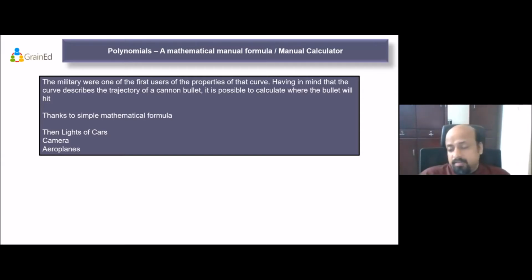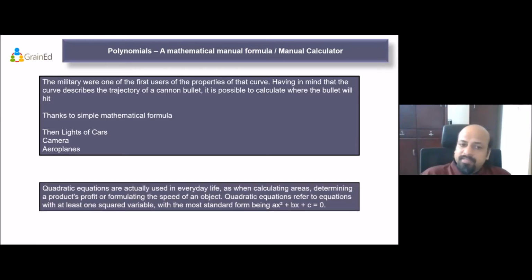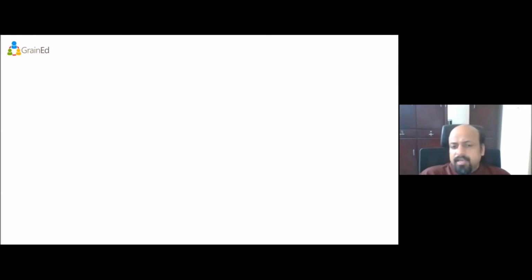Even if you go to a supermarket, you come across that, but I'm just giving different varieties of polynomials. Quadratic equations in standard form, x squared plus bx plus c, we call this. This is one interesting polynomial, used for calculating areas, speed of an object, product profit, all that. Everywhere we apply polynomials.